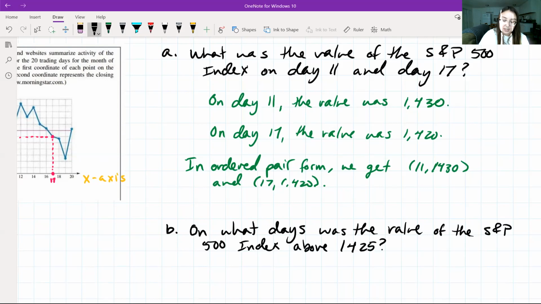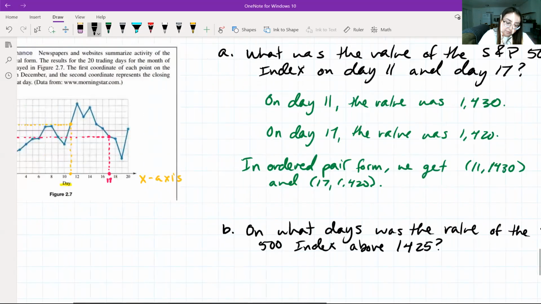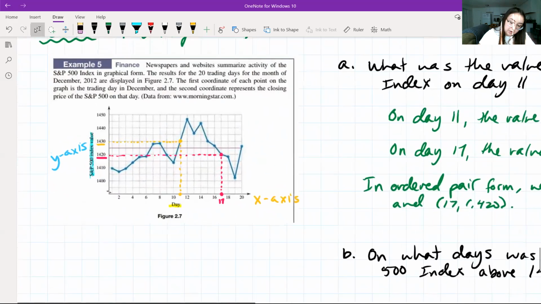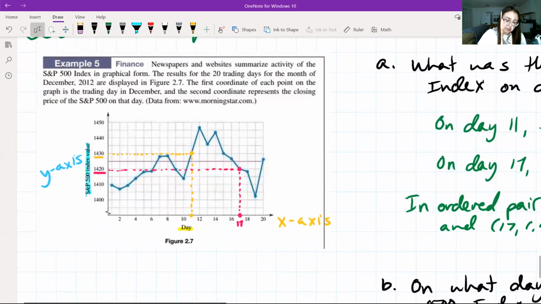If we want to find the days where the value is above a certain number, then we're going to go back to our graph here and zoom in a little bit.